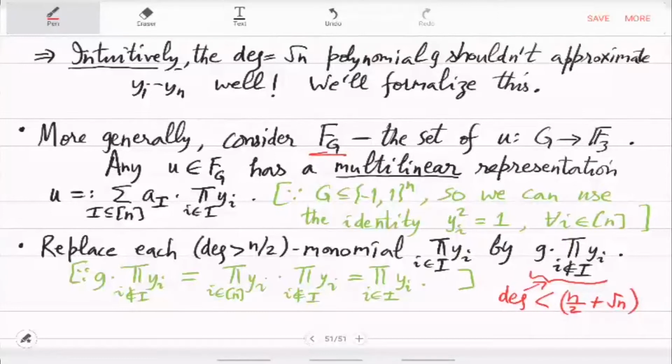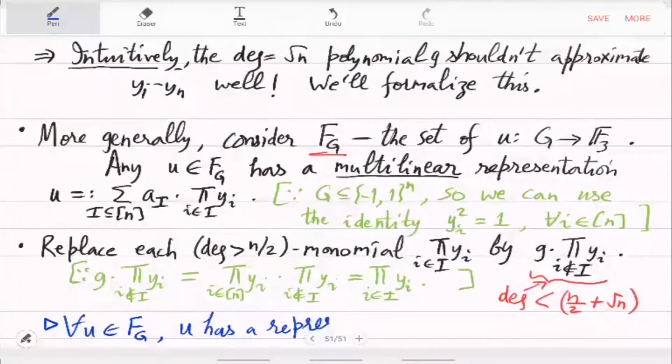In fact, what we have proved is this nice property that for every function u in big F_G, u has a representation of degree less than n by 2 plus square root n.